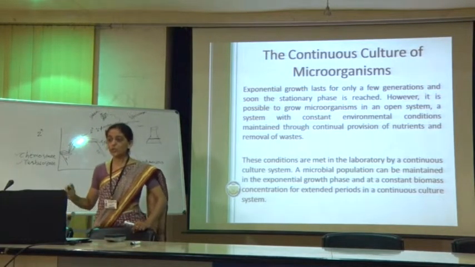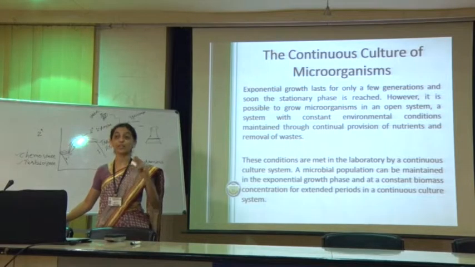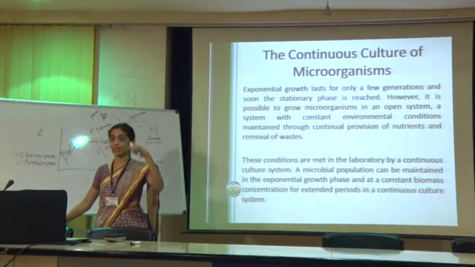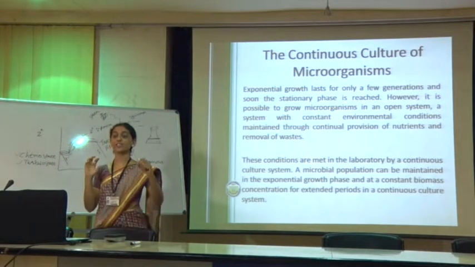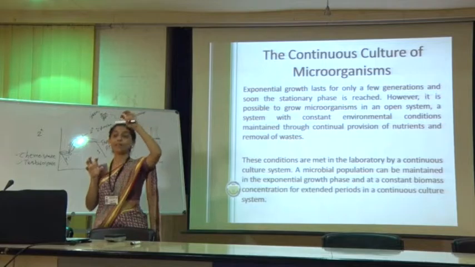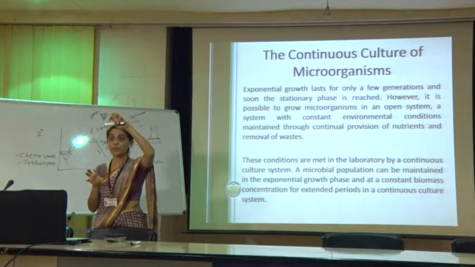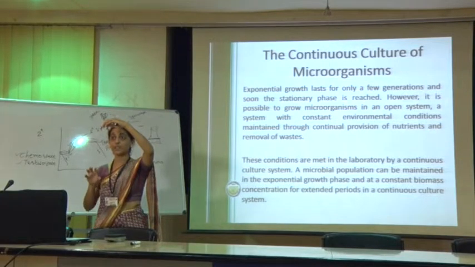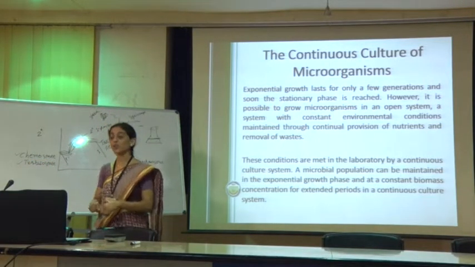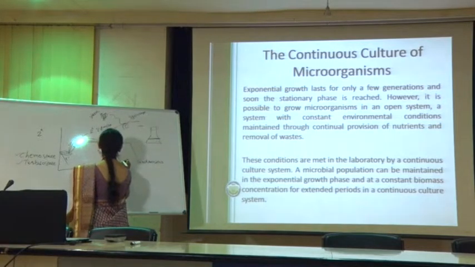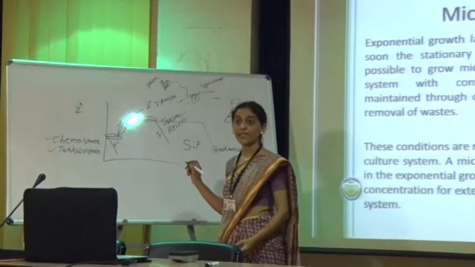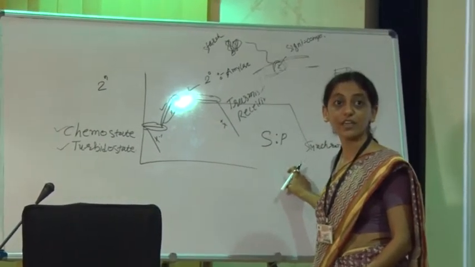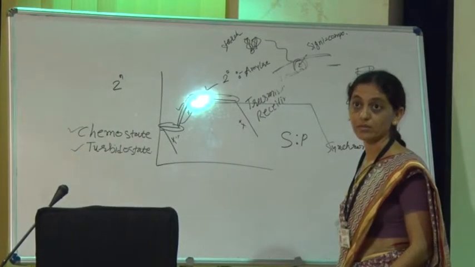So you need to maintain two things simultaneously: the growth phase, and the chemical maintenance. What chemicals are you maintaining? One is the addition of substrate, and at the same time, product removal, so that you maintain the ratio of substrate and product. Otherwise, that will interfere with the growth pattern.